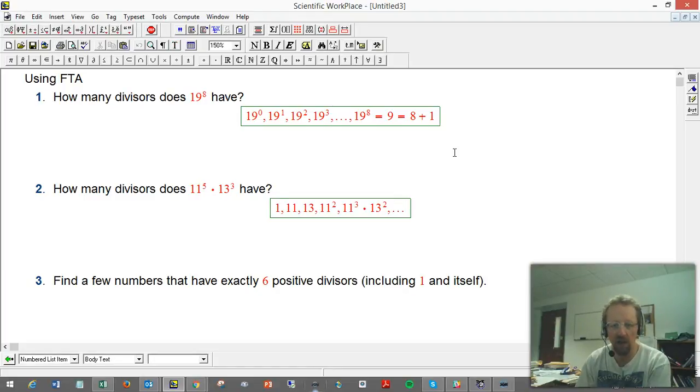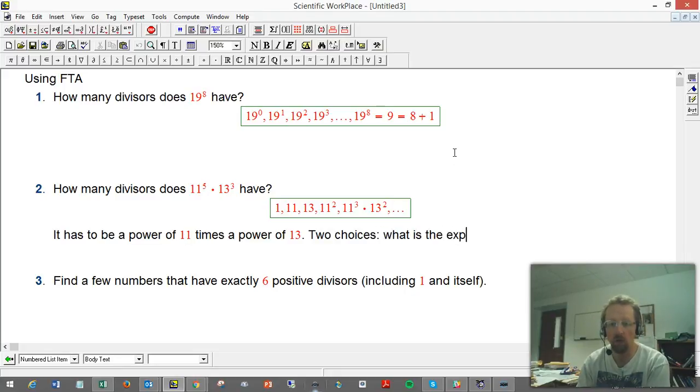The key is that it has to be a power of 11 times a power of 13. The power of 11 has to be between 0 and 5, and the power of 13 has to be between 0 and 3. So really there's two choices.